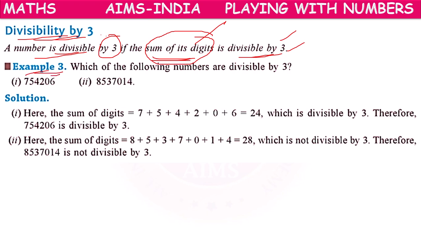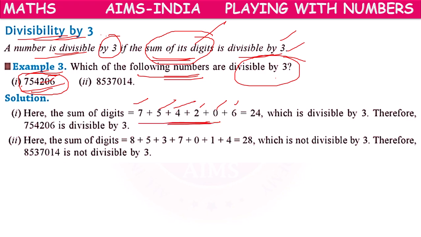Suppose here is one example: which of the following numbers are divisible by 3? What we have to do is find the sum of all the digits. 7, next 5, next 4, next 2, next 0, next 6. We have to write all the digits.